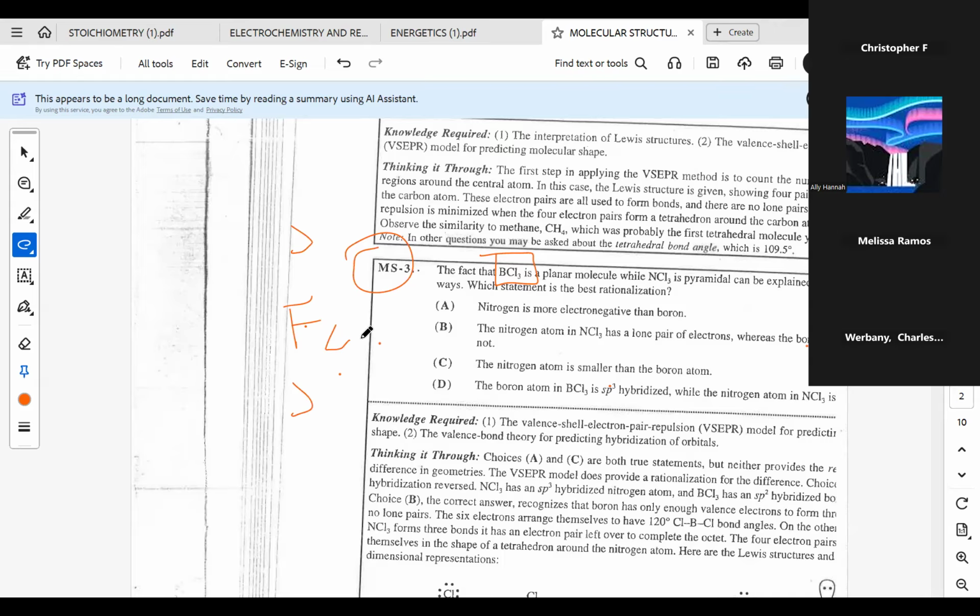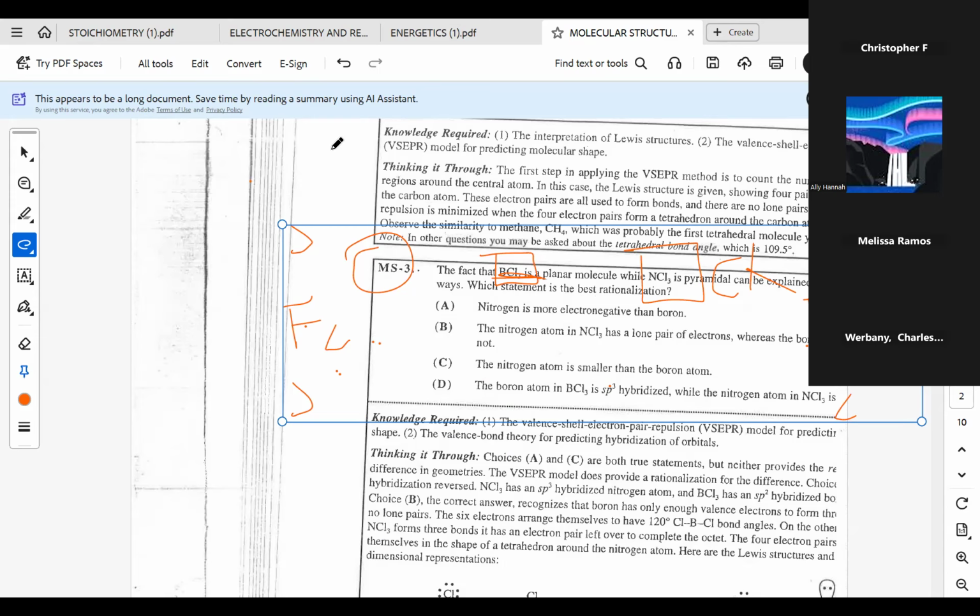So we know that would be the correct Lewis structure, just boron and then 3 chlorines bonded to it. If we do the Lewis dot structure for NCl3, after we did our valence electron count and formed our Lewis structure, we would see that there are some valence electrons on our nitrogen.